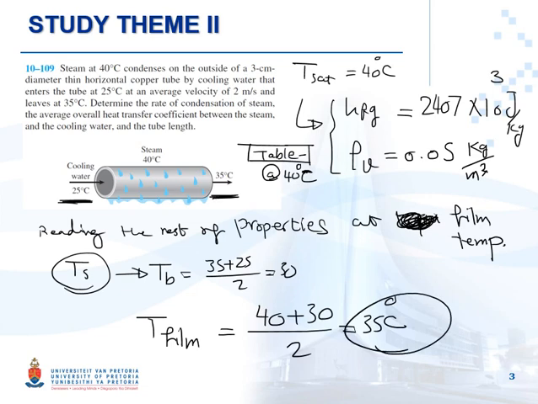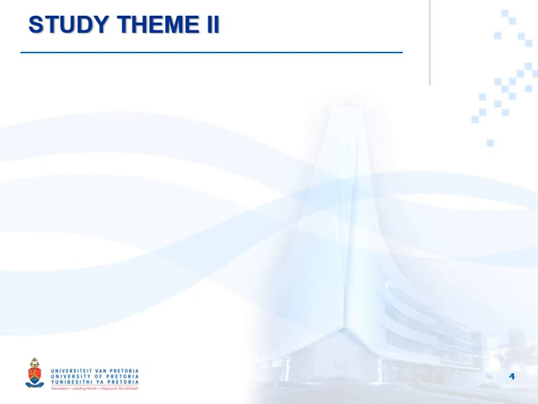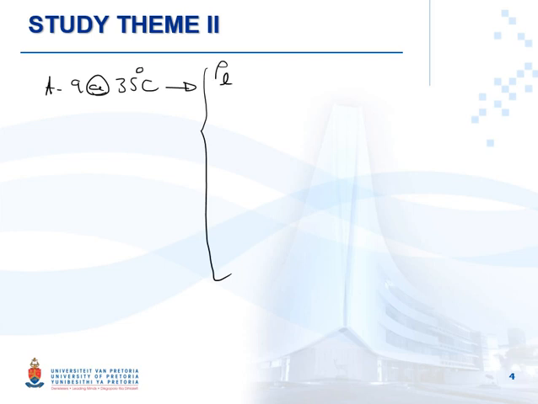We go to table A9, and at 35 degrees we find some properties and write them down here. Rho L is 994 kg per cubic meter, mu L is 0.72 times 10 to the power of minus 3 kilogram per meter second.